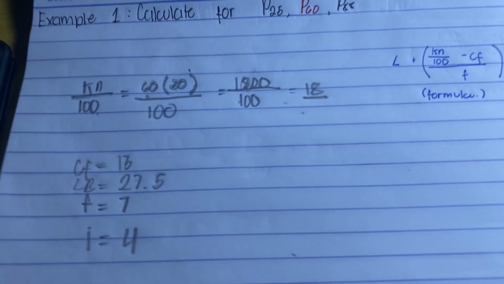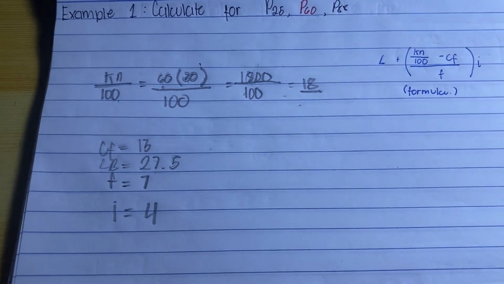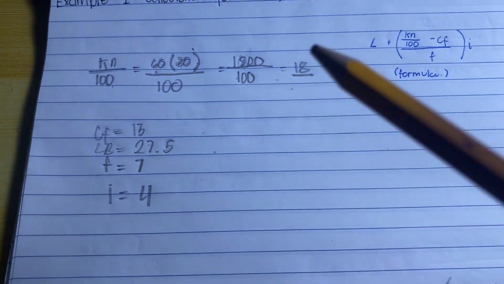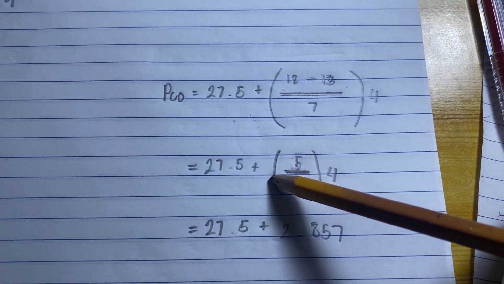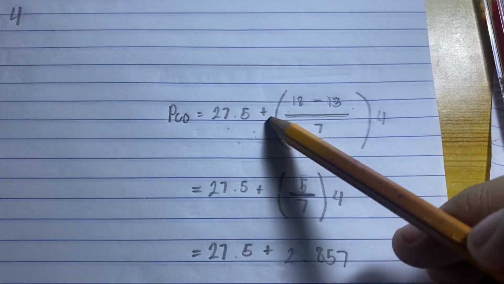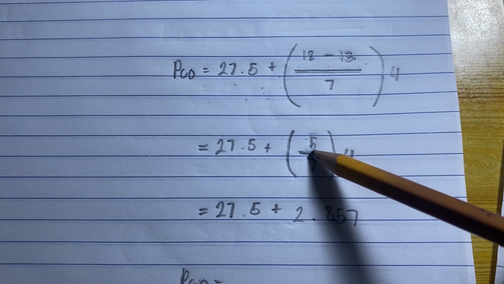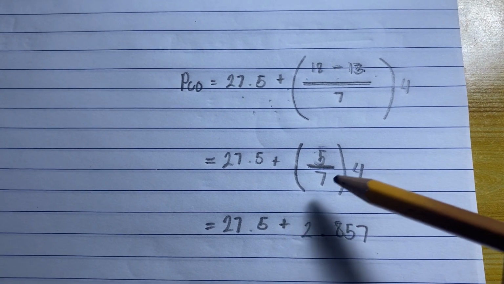Ito na, nakuha natin yung mga ginawa natin katulad sa first problem. I-substitute na uli natin sa pinaka-formula. So, 27.5 plus 18 minus 13 is equals to 5 over 7 times 4.